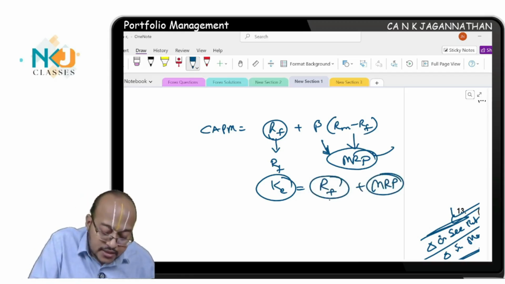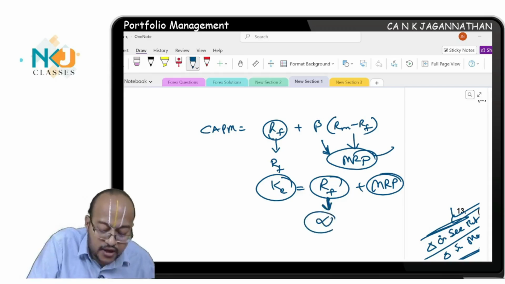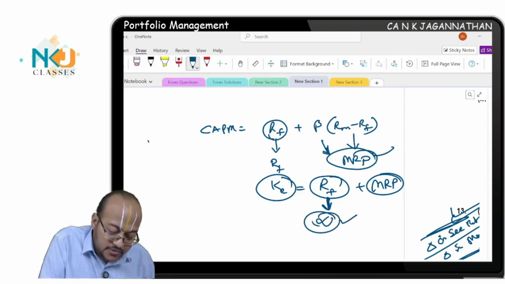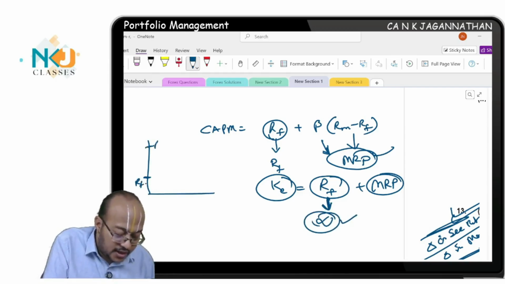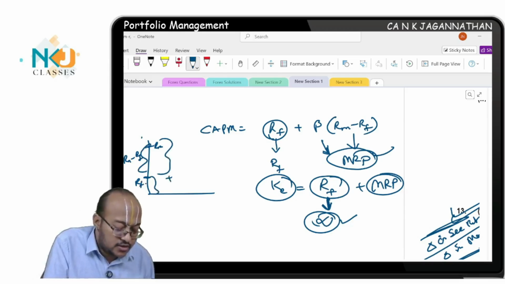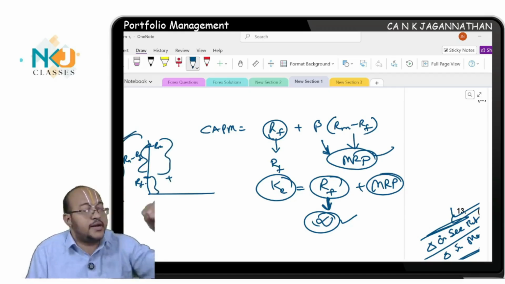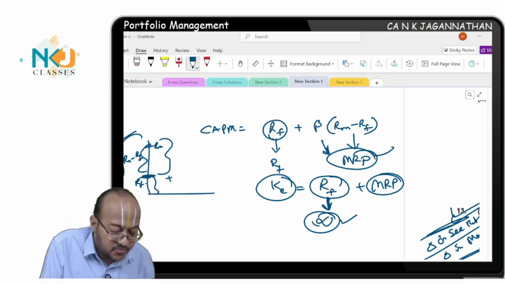Agreed? Now, instead of RF, in the Sharpe single index model we use alpha, which is nothing but the intercept. There also, if you notice, I told you this is the RF and this is RM, meaning RM minus RF, and this is plus RF. This total will be the required rate of return I discussed in the graph. Same way here also, this intercept will be alpha.